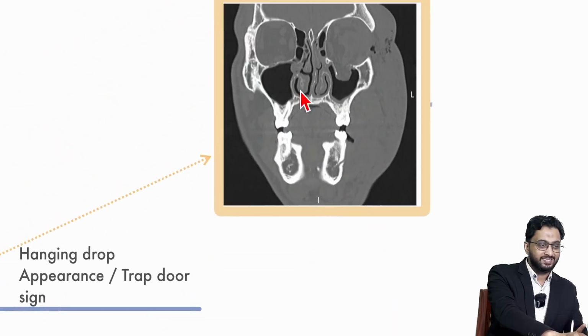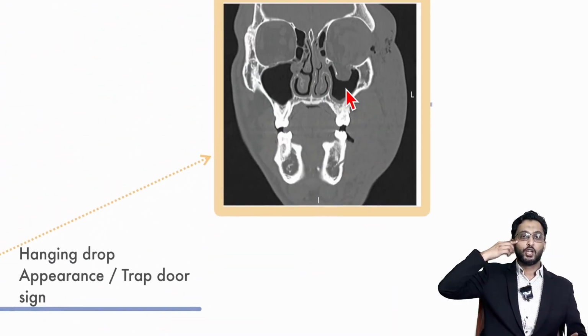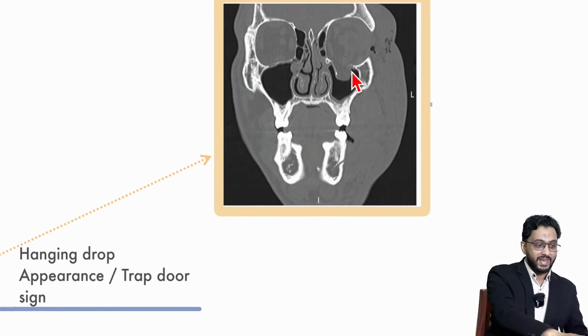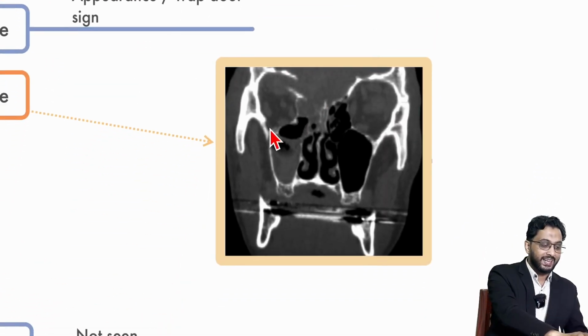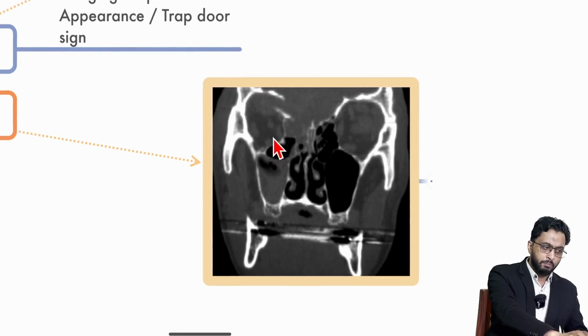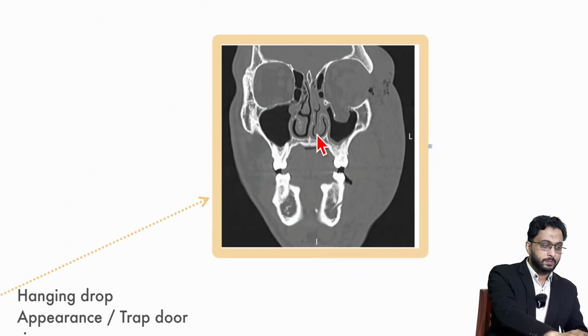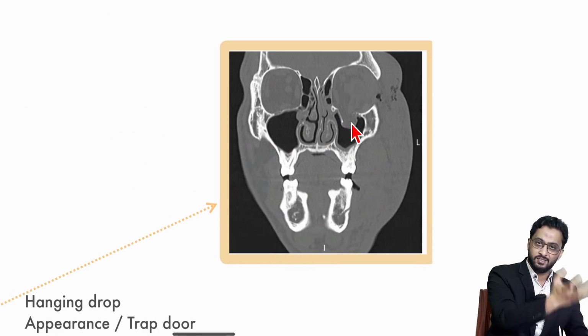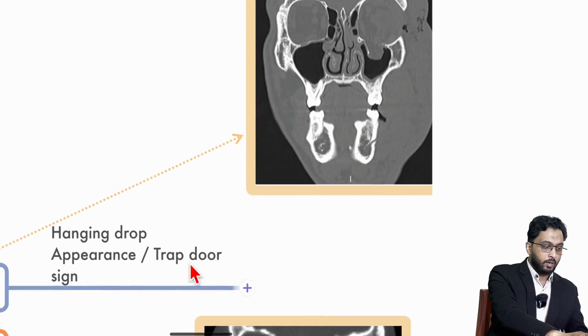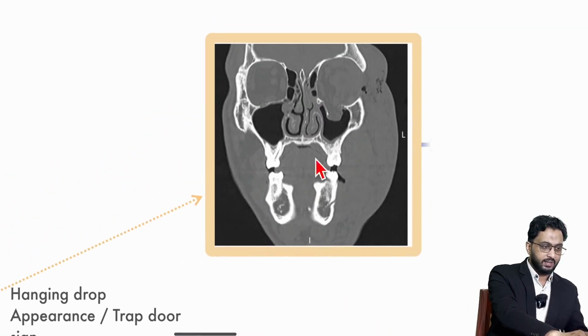But now if you're getting a slice which is beyond your orbit, you will see that there is no orbital rim, like here. Or here you can see there is a fracture. But more importantly, it is this. Trap door, or hanging drop, means your content gets hanged into the sinus. This is called a hanging drop sign, or your trap door appearance. It's not very clear here.